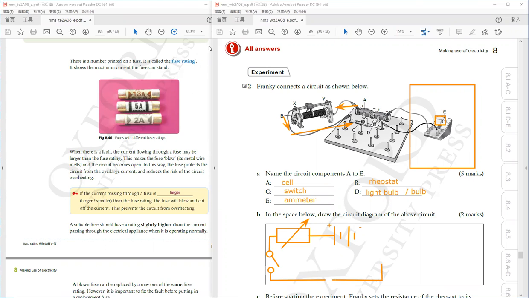Light bulb looks like this. Also, the next one, we have an ammeter.